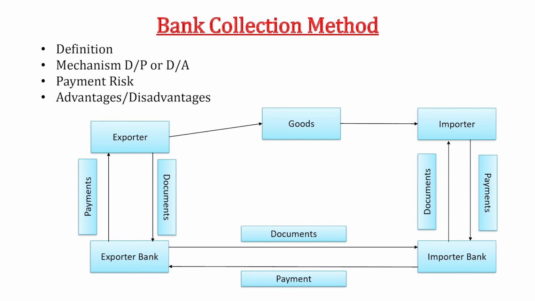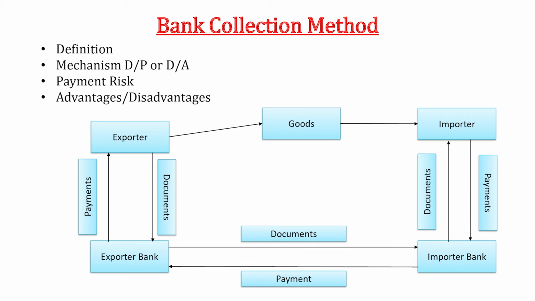The second method is bank collection. This method is used when the exporter has already done 2, 3, 4 transactions with the importer, and the exporter is satisfied with the payment capacity of the importer. Under this mechanism, the exporter will give the documents to its bank after shipment of the goods. The bank will send the documents to the importer's bank, which is called the collecting bank.